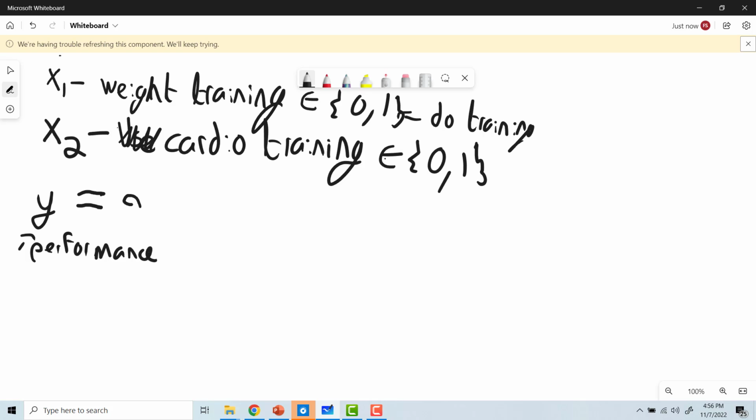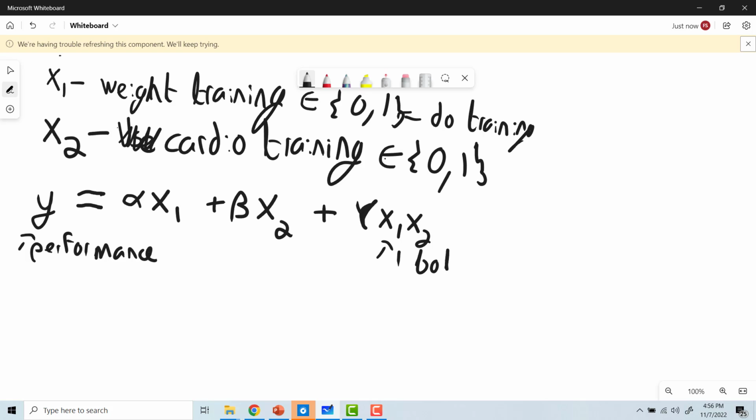We'll have alpha times x1 plus beta times x2. But we also have something, let's just call it gamma. And I can't draw a gamma for the life of me. So squiggle, x1 times x2, which is only equal to 1 if both are present.